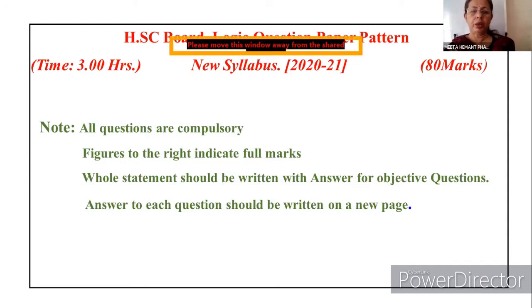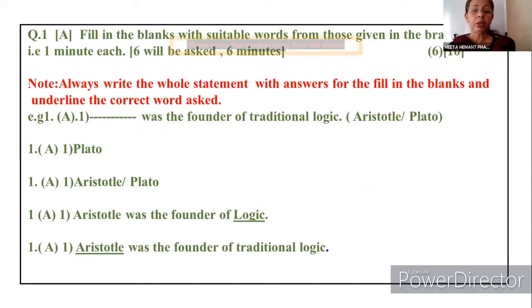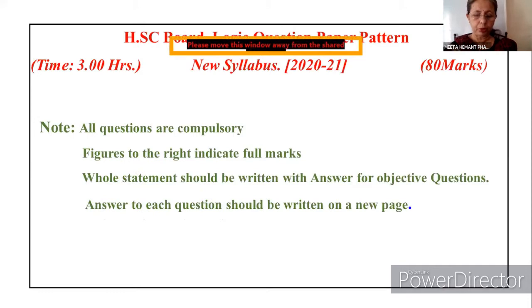So far as fill in the blanks and true or false are concerned, and objectives like give technical terms and match the columns, for all this you will be writing the whole statement. Then we have to write each answer on a new page. Even the sub-question answers will also be written on a new page.